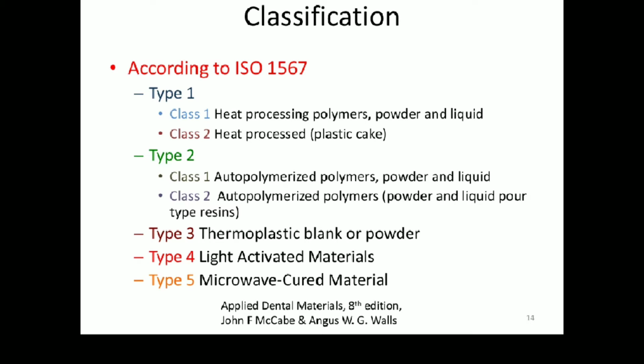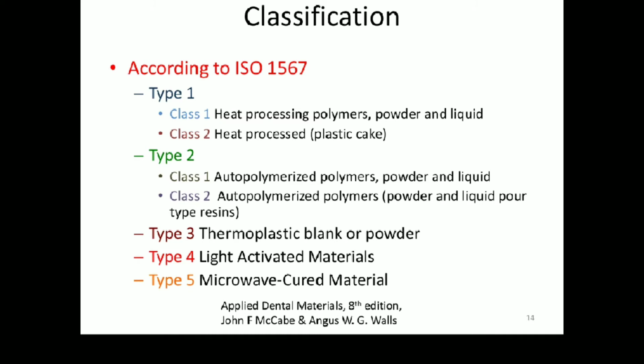Class 1 is heat processing polymers with powder and liquid, and class 2 is heat processed but available in plastic cake forms. Type 2 is autopolymerized polymers with powder and liquid, and class 2 autopolymerized polymers, which may also include liquid pour type resins. Type 3 is thermoplastic blanks or cakes or powders. Type 4 is light activated, and type 5 is microwave.